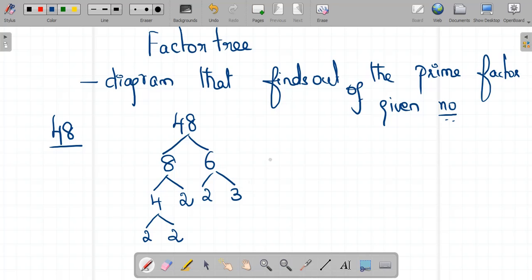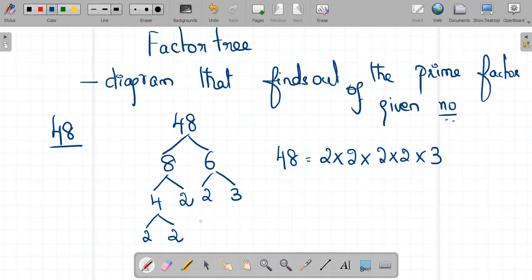When I say prime factors, those factors have to be only prime numbers. So if I write 48 in terms of prime factors, I will say it is 2 into 2 into 2 into 2 into 3. What have I taken?